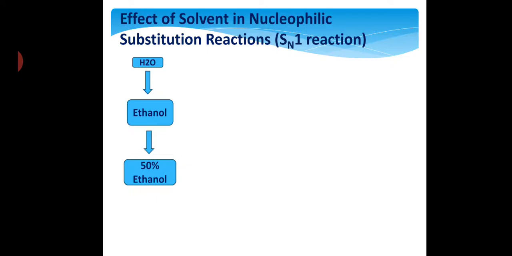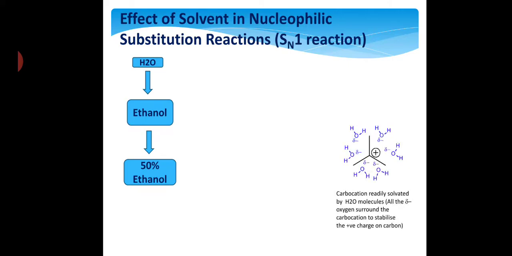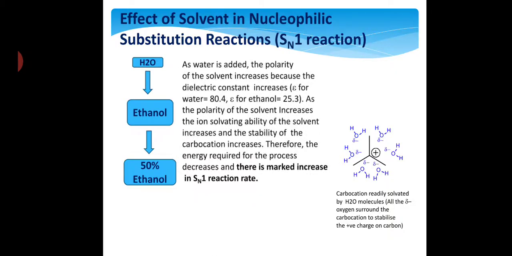As water is added, the carbocation intermediate gets readily solvated by water molecule and the stability of the carbocation increases. This lowers the energy of activation of the reaction, and the reaction has to overcome a small energy barrier, and the rate of SN1 reaction increases.